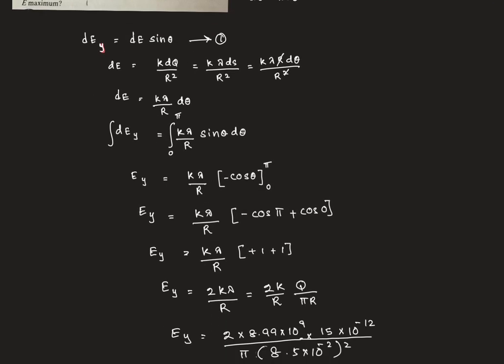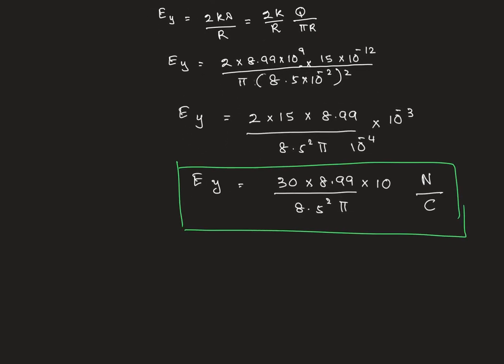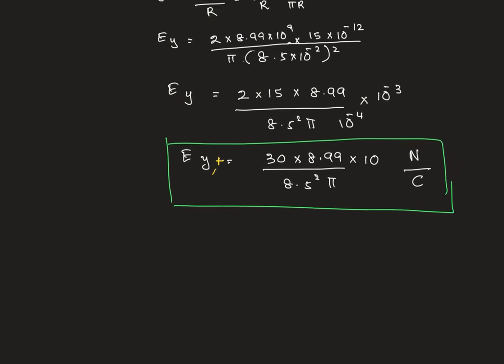And since everything else is the same, we can expect another term coming in due to the negative q. Now let me put this as coming from the positive side, Ey positive, and down here let me repeat the same with the negative sign to represent that it is coming from the negative side of the arc.